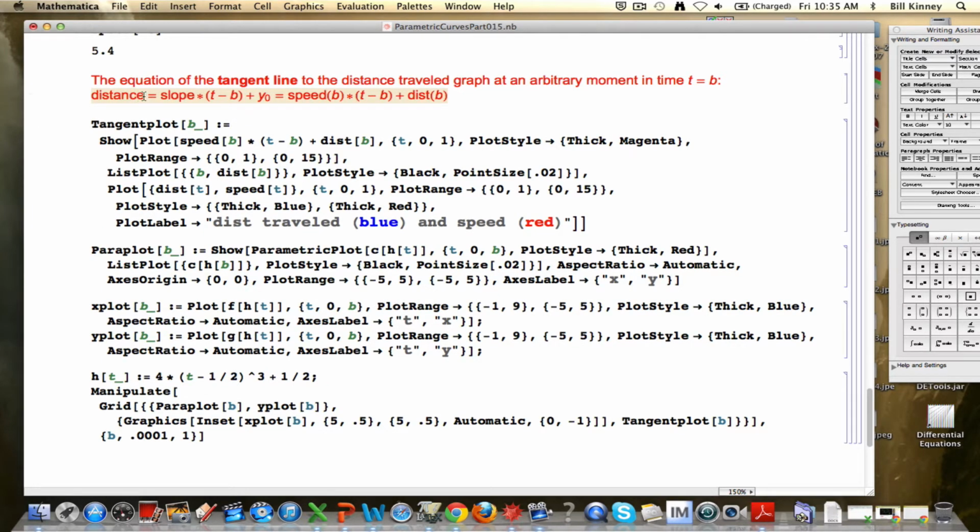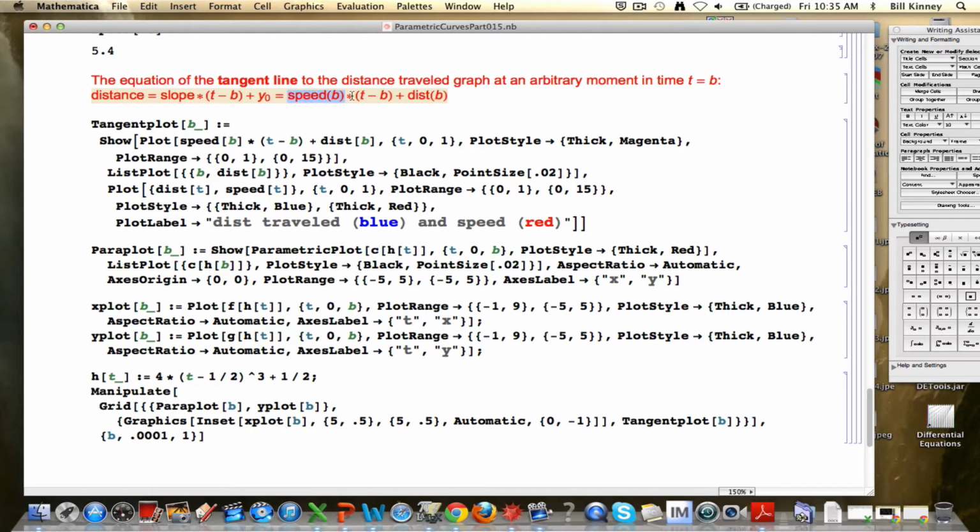Okay, so we are looking at this equation of a line. The distance is a linear function of t. This is not the distance function itself. It's the tangent line to the distance function, dist of t, at a certain moment in time. This is really a point slope form of the equation of a line.